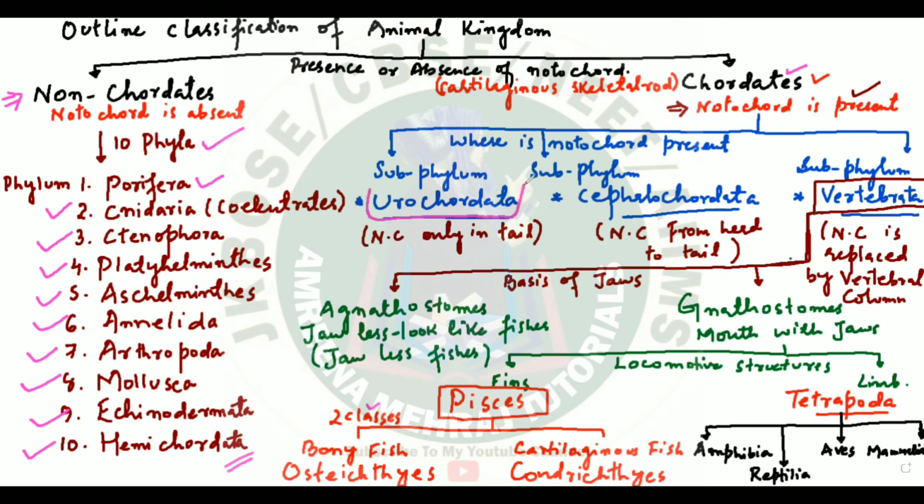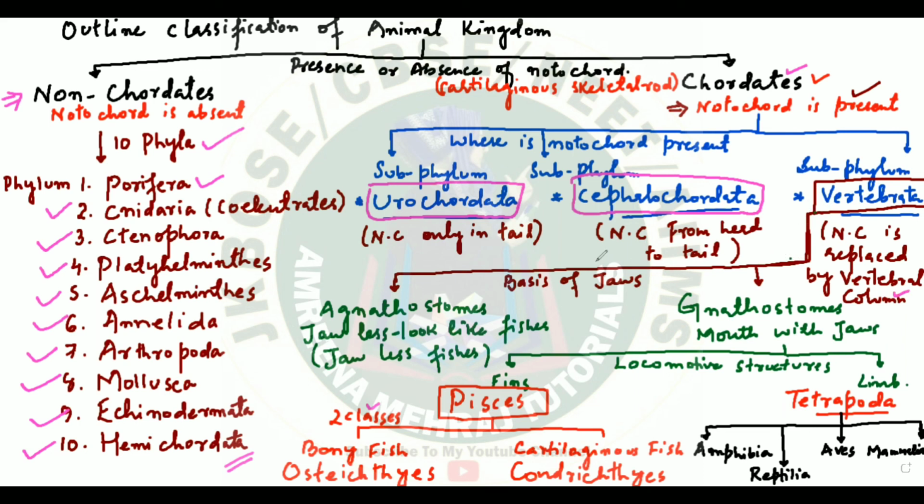One is the Urochordata group, in which the notochord is present only in the tail. Another is the Cephalochordata group, in which the notochord is present from head to tail. Another is the Vertebrata group, in which the notochord is present in the embryonic state. Later, it is replaced and the same place is occupied by the vertebral column.